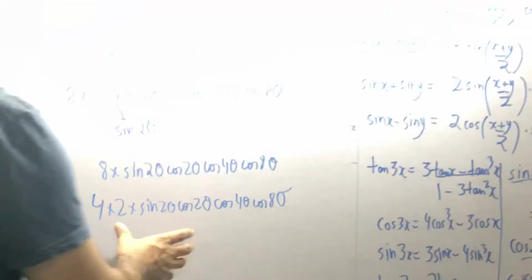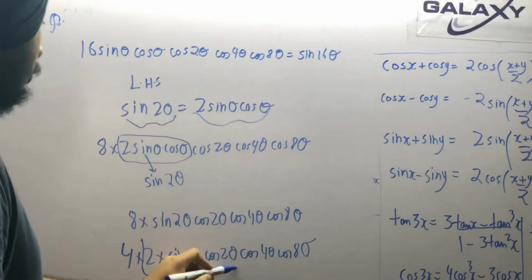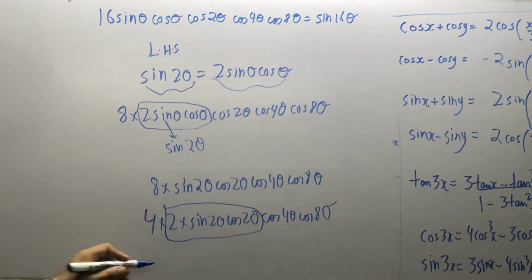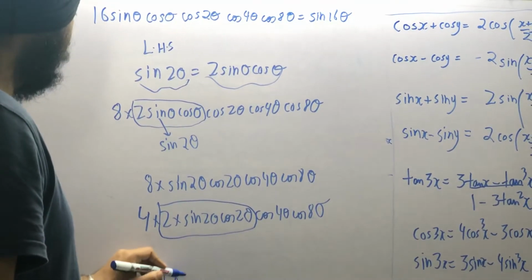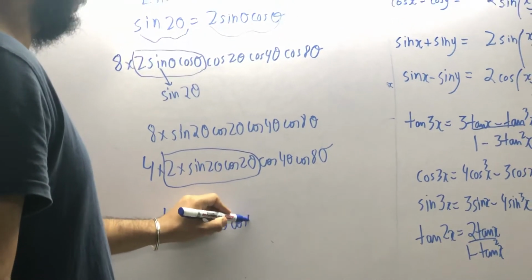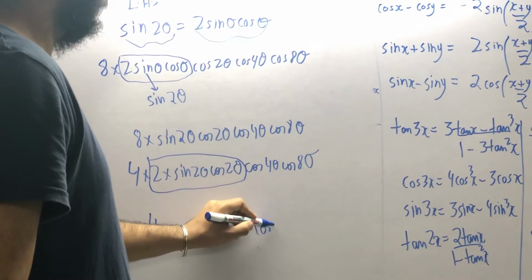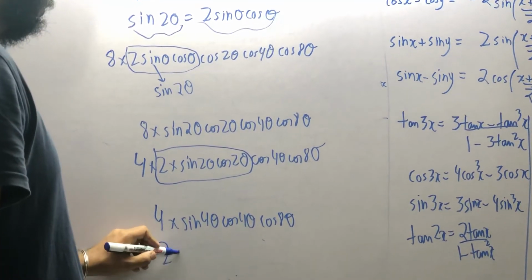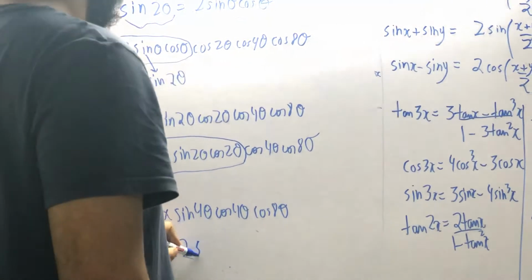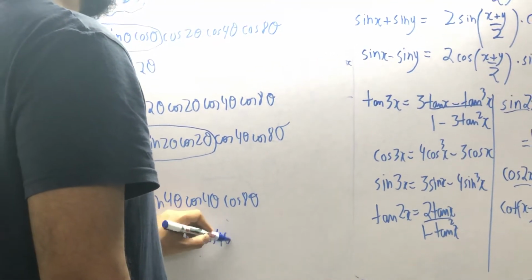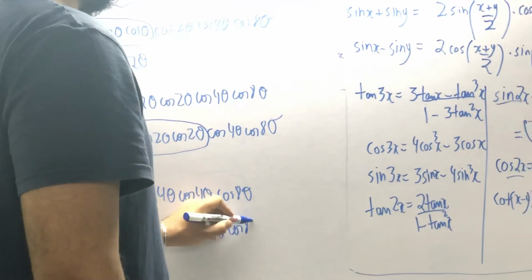So 2 into sin 2 theta into cos 2 theta will be how much? That will be sin 4 theta. So this is 4 into sin 4 theta cos 4 theta cos 8 theta. Now just write 2 into 2 sin 4 theta cos 4 theta cos 8 theta.